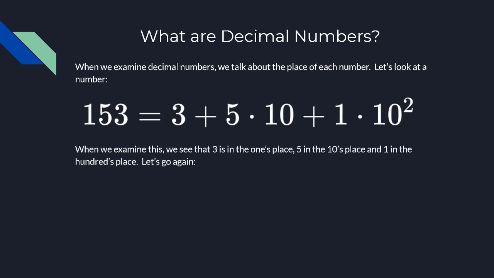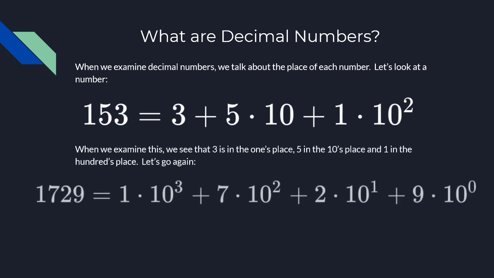Okay, let's do it again. So 1729 is really 1 times 10 to the third plus 7 times 10 squared plus 2 times 10 to the first plus 9 times 10 to the 0.